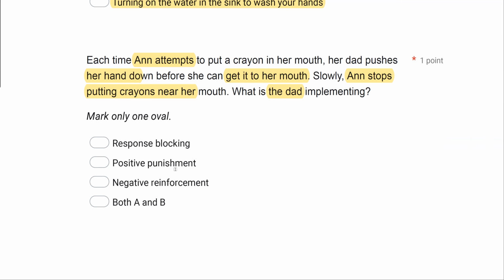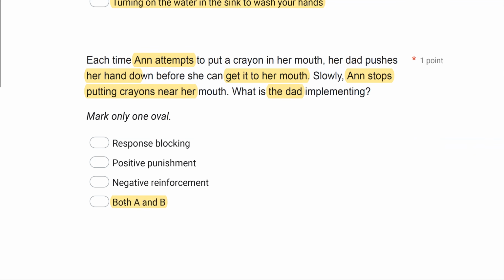He's adding his physical presence, preventing the behavior from happening. It can't be reinforcement because Anne's behavior is decreasing, it's not increasing. So we know if Anne's behavior is decreasing, it's got to be punishment or extinction. It can't be extinction because something is being added, and response blocking is not extinction. So the dad is implementing A, response blocking, and B, positive punishment.